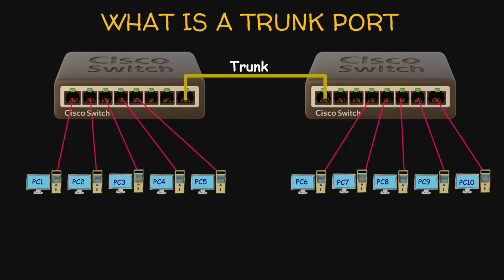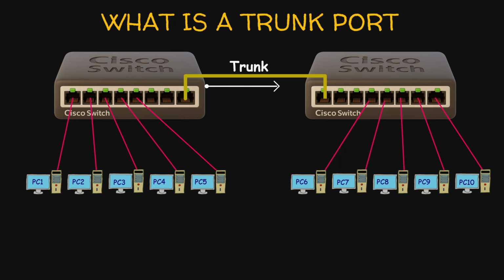Now let's see what is a trunk port. The trunk port is used to carry multiple VLAN through a single connection. As we discussed earlier, a trunk port is used to connect networking devices and it helps to carry multiple VLAN from one device to another. So if you see the example, we have two switches. Each switch has the same VLANs from the same departments. If we want to make them communicate together, normally we need to connect a separate cable for each VLAN.